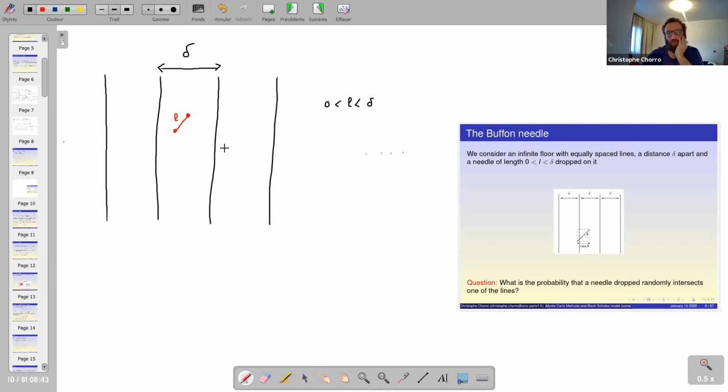Okay, so I am interested in the probability of intersection.